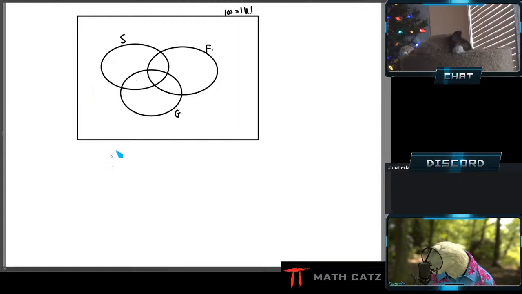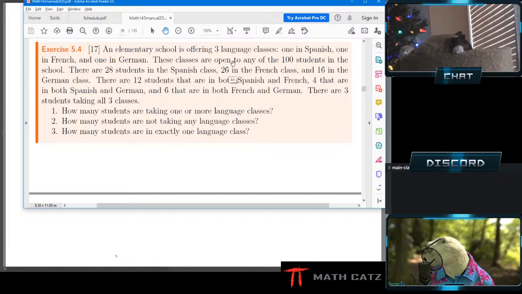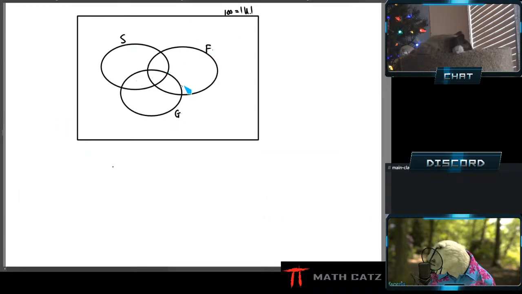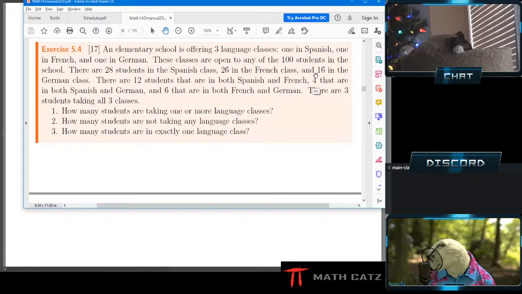That's my choice, my rule, keeping me safe. I can write it on the side here, but let's just see if maybe later on I can come back and get this in. I don't have to write anything right now as long as eventually all the information is out. 26 students in the French class, same problem, right? French consists of 4 regions right now, so I can't put it in safely.